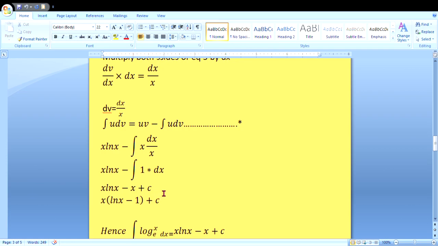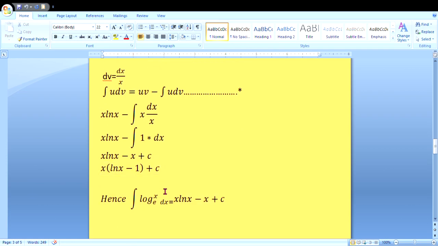And that is necessary in integration. Here we can also factor out x. You look at here, there is x, and at this part there is x. So if we factor out x, this becomes x open bracket ln x minus 1 close bracket plus c.